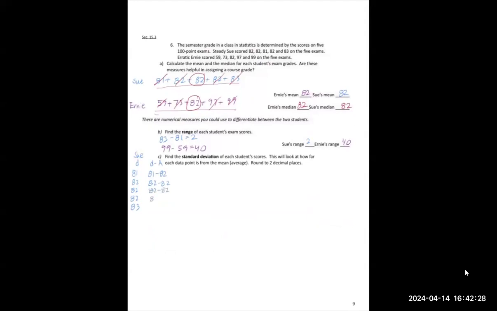And then the fourth is also 82, so it's 82 minus 82. And then the last data value is 83 minus the mean, which is 82. So I get -1, 0, 0, 0, and +1. Okay. Then the next thing we have to do is square this difference.